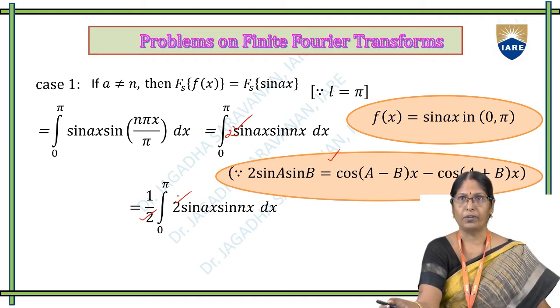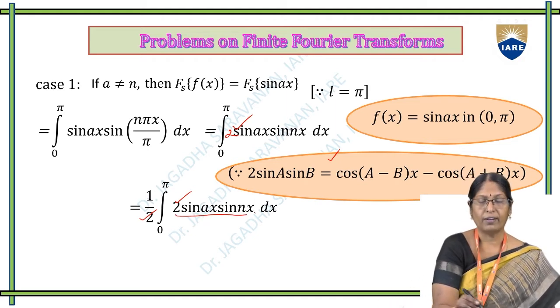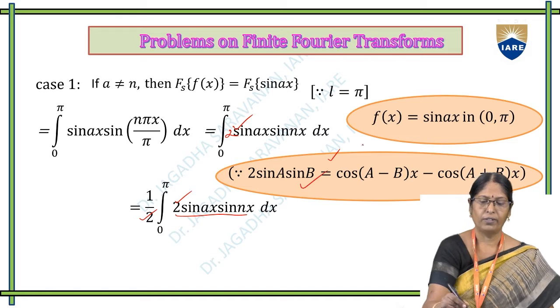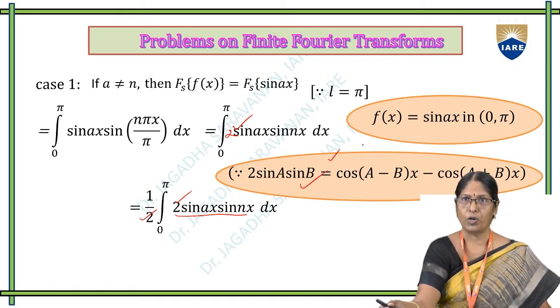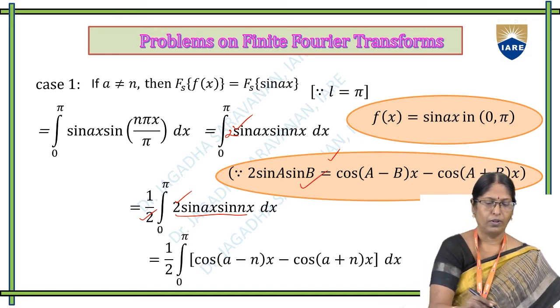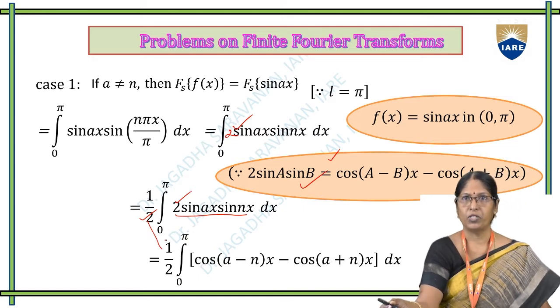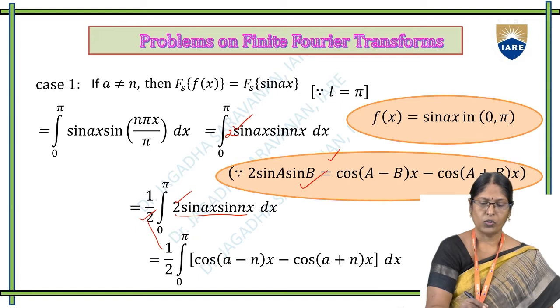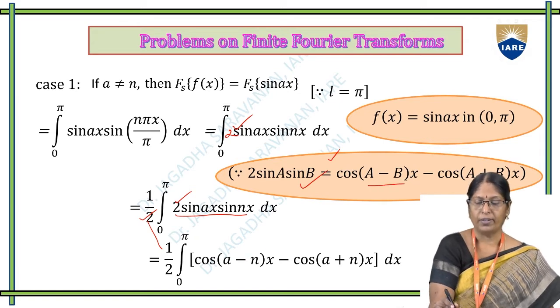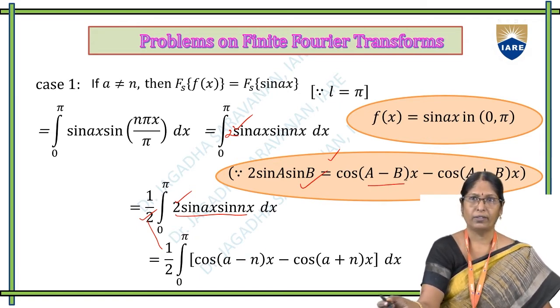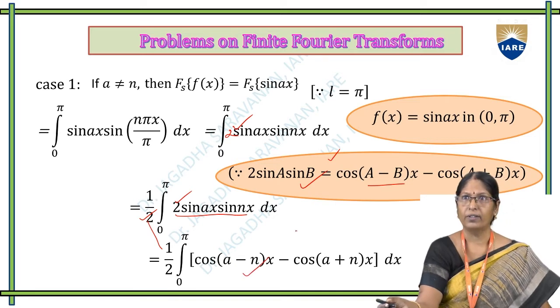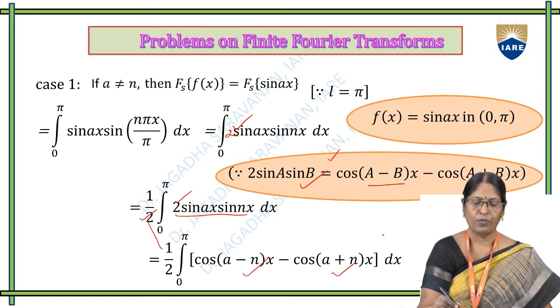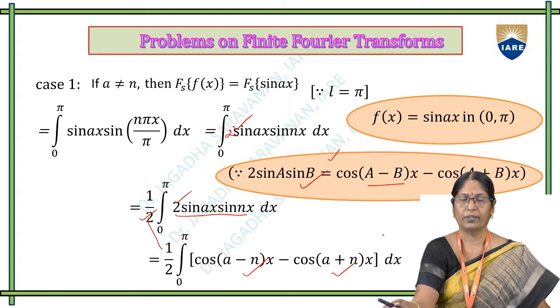Now it exactly fits our trigonometric formula. So the 1 by 2 stays as it is, and we write the integral from 0 to pi of cos of (A minus n) of x minus cos of (a plus n) of x.